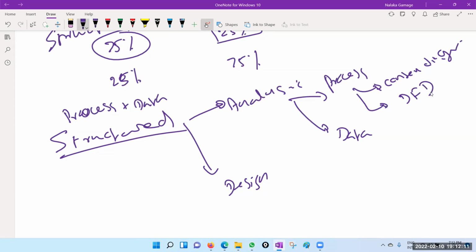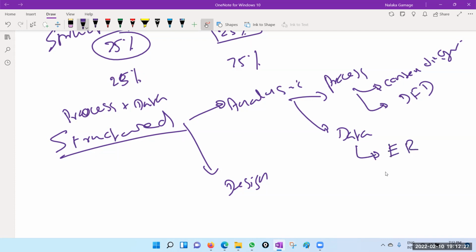Data flow diagrams give you more details about how data flows between different data sources, sub-processes, etc. In the data part, we draw the business ER diagram.